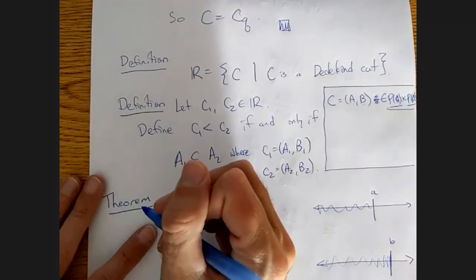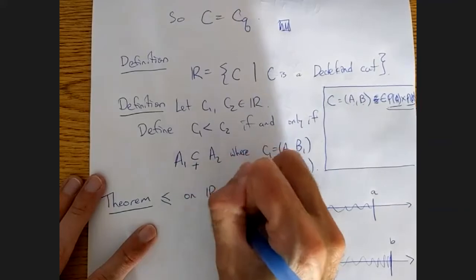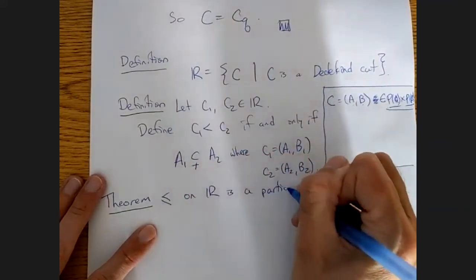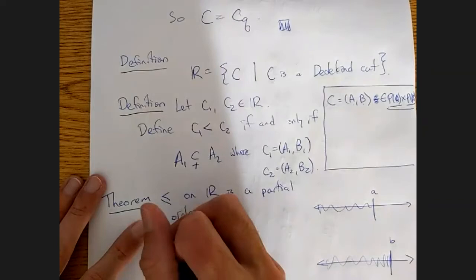Which says that this is a less than or equal to on R. Not only that, it's a linear order.